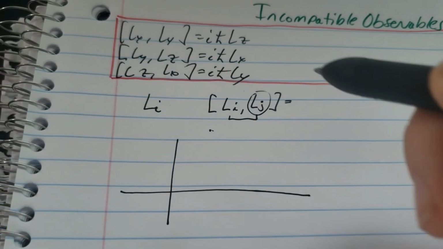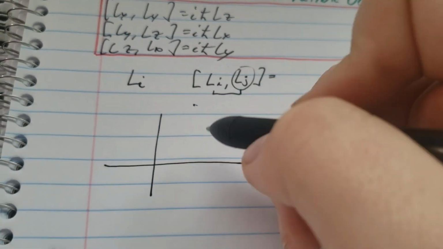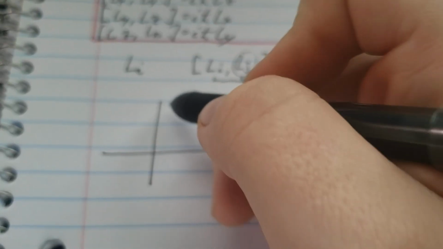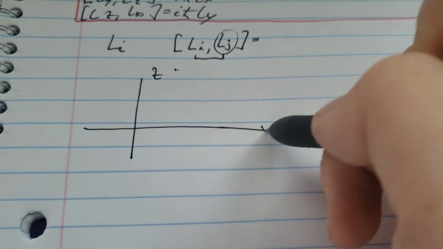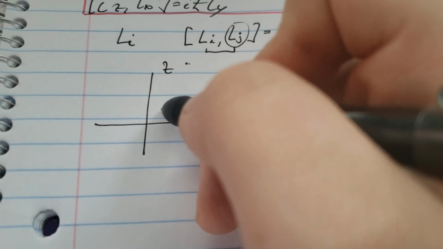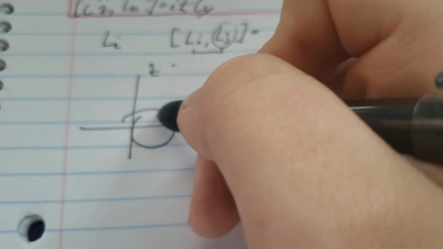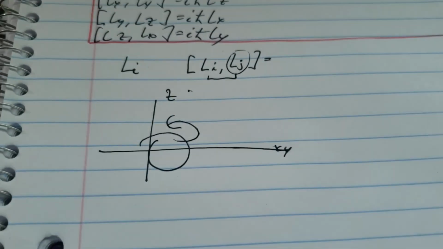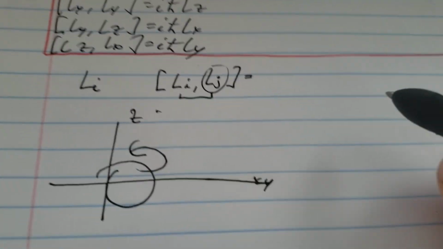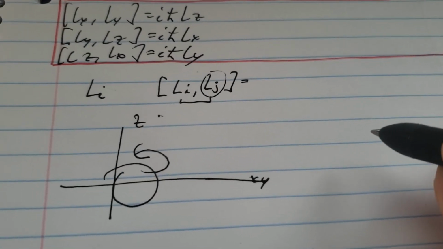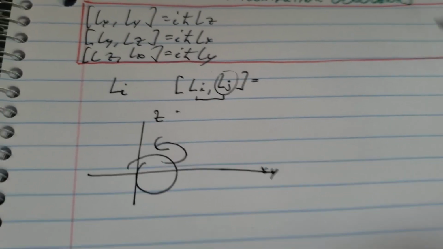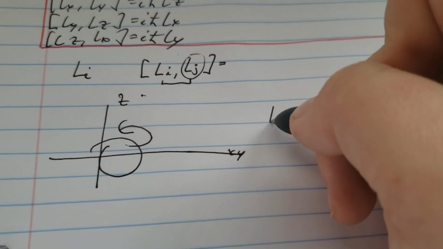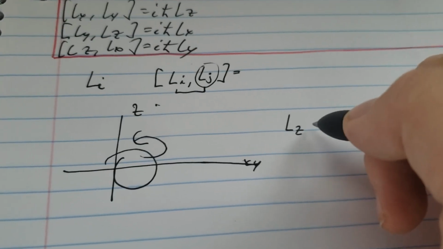So we usually like to visualize an object sitting in the xy plane, and this here is the xy plane, rotating about the z-axis. So naturally, for this purpose, we want to talk about the z component of the angular momentum operator.